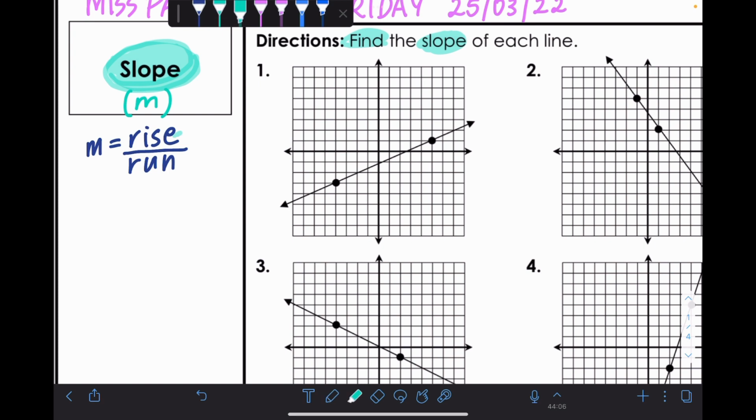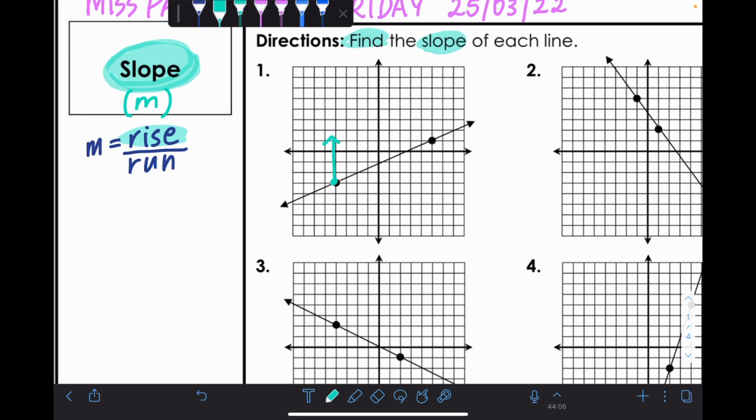So our rise is when we're going upwards, and it is the specific value we get when we go from our bottom point up until we're in line with the top point here.